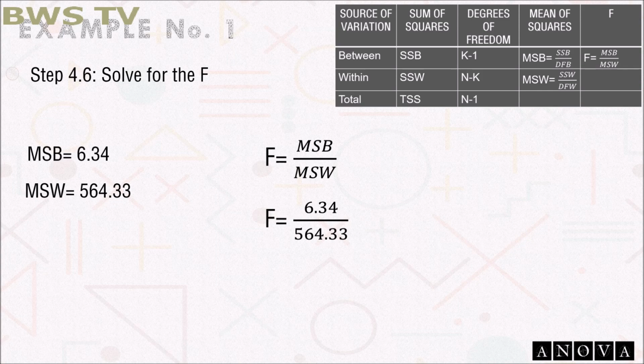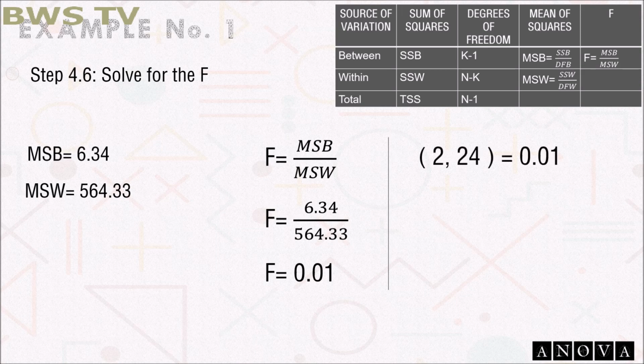Input that in your calculator and you'll get 0.01. This will serve as your computed value. And in the table, it must be written as this, where 2 is your DFB and 24 is your DFW.